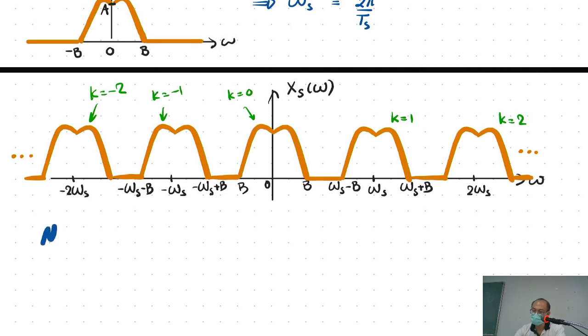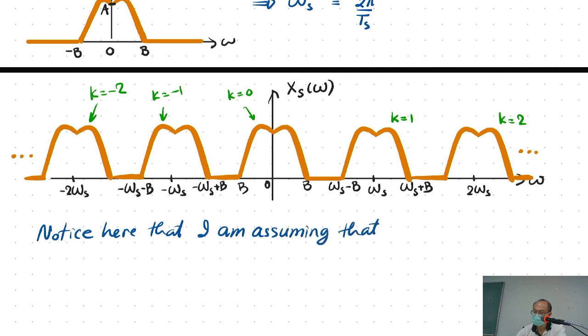Notice here that I am assuming that b is less than omega s minus b.